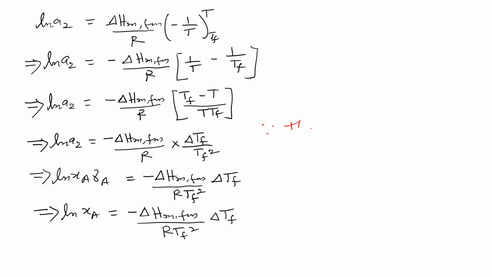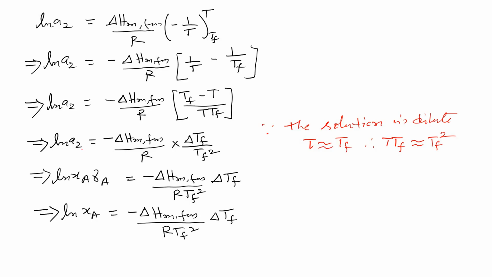Since the solution is dilute, this T is almost equal to TF. That means the freezing point of the pure solvent is almost equal to that of the solution. So therefore this T TF, I can write as almost equal to TF square. So that only it is written here.